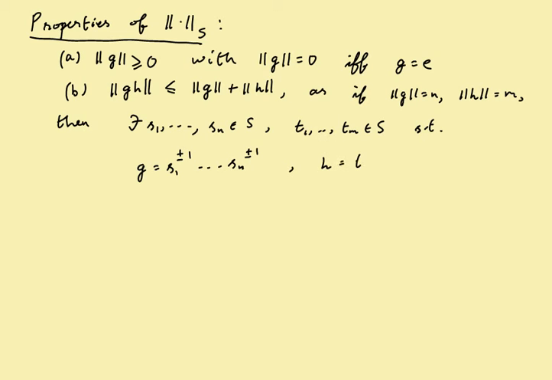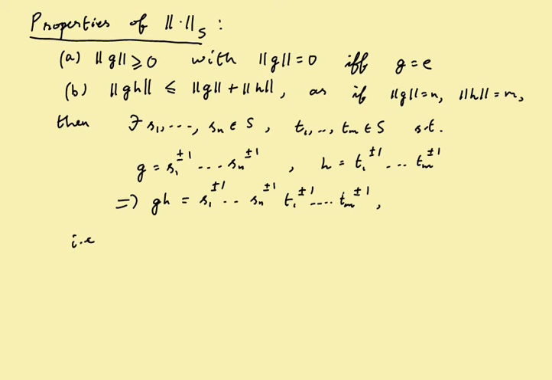And h can be written as t1 to the plus or minus 1, ..., tm to the plus or minus 1. So this means you just multiply them together. And what you get is gh equals s1 to the plus or minus 1, ..., sn to the plus or minus 1, t1 to the plus or minus 1, ..., tm to the plus or minus 1. What does this say?